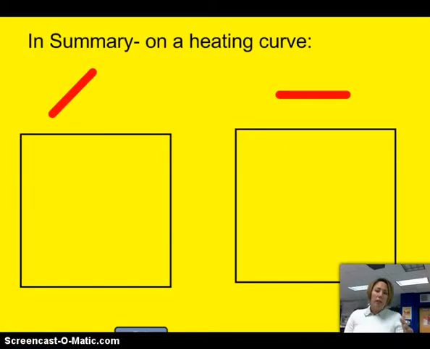So in summary, on a heating curve, we can make two boxes on our paper. We have a diagonal part and a flat part. So let's say what's true on all the diagonal segments. On all the diagonal segments, we are heating only one phase.